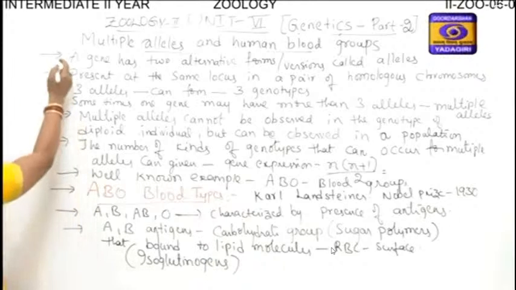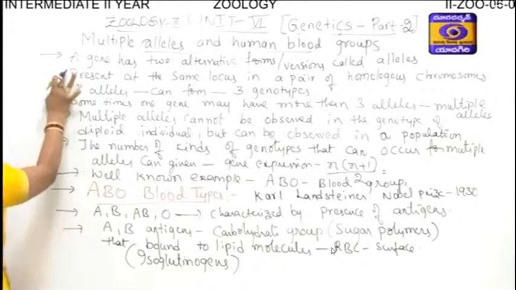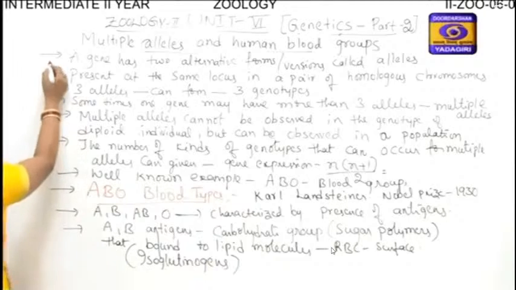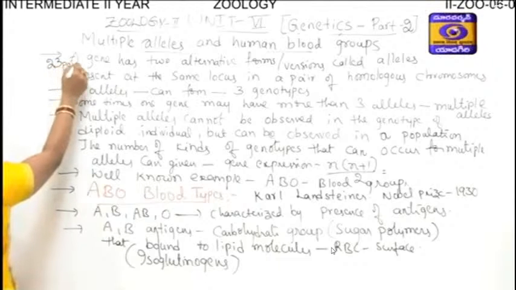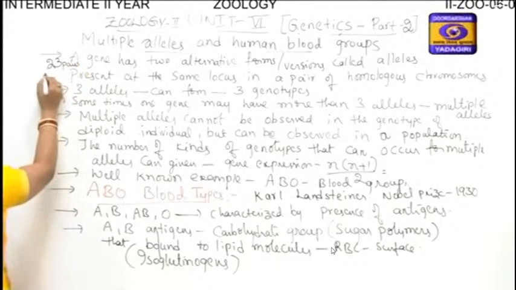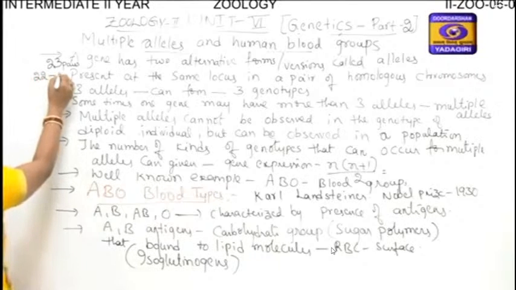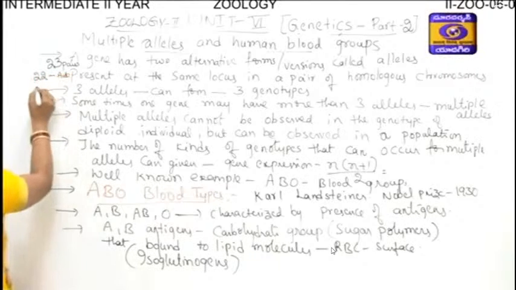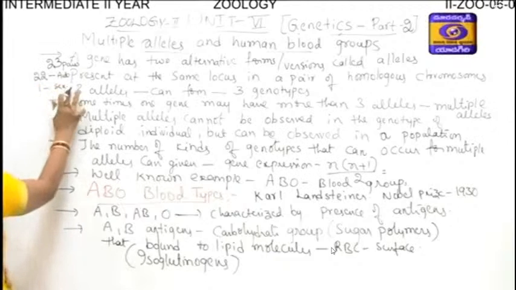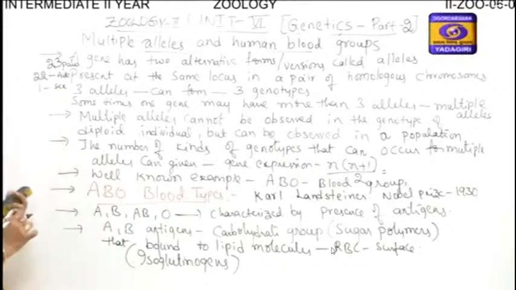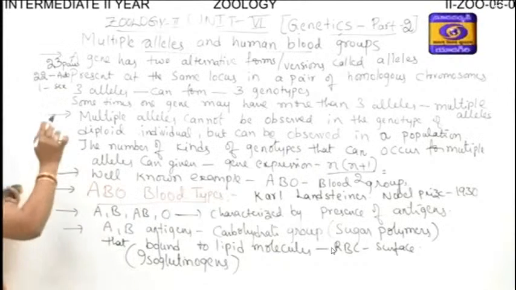Let us see an example. In the human being, 23 pairs of chromosomes are present. Out of these 23 pairs, 22 pairs are known as the autosomes. The remaining one pair are the sex chromosomes.